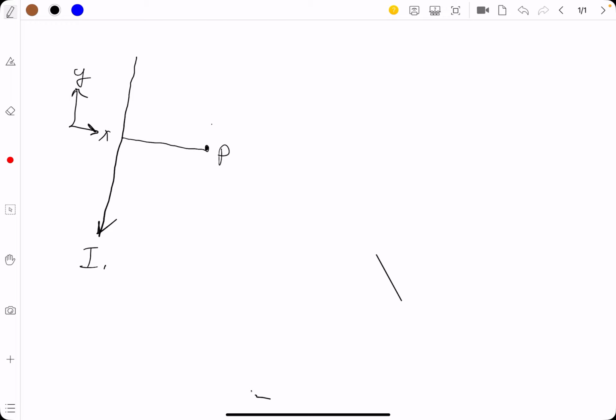So I'm going to say the B field at point P due to 1. What is the B field? Well, that's B1 equals mu naught I1 over 2 pi r. And of course, that is our r.